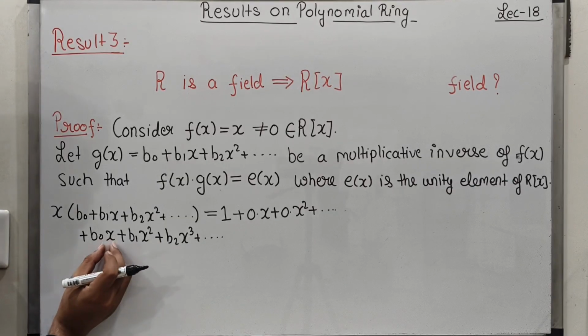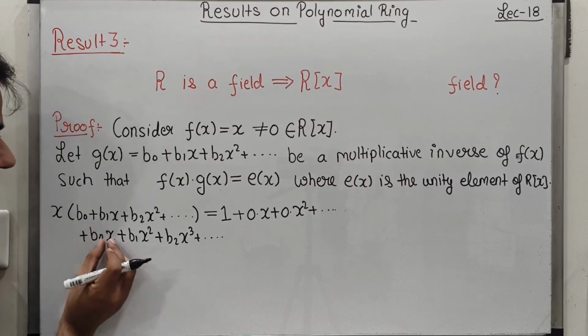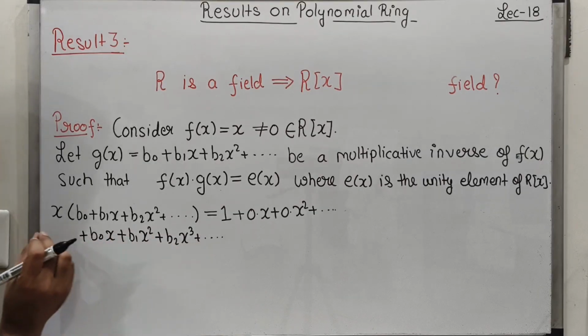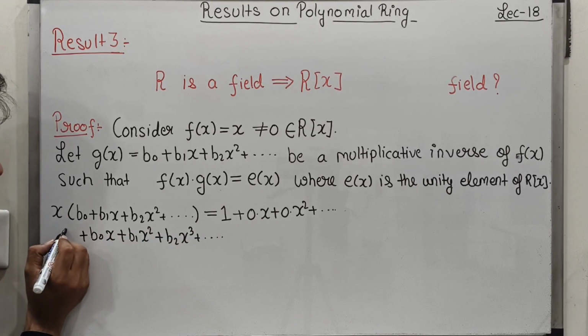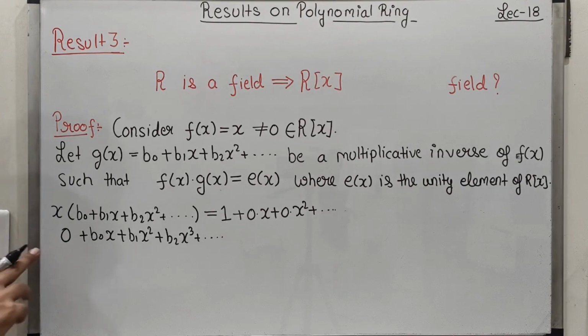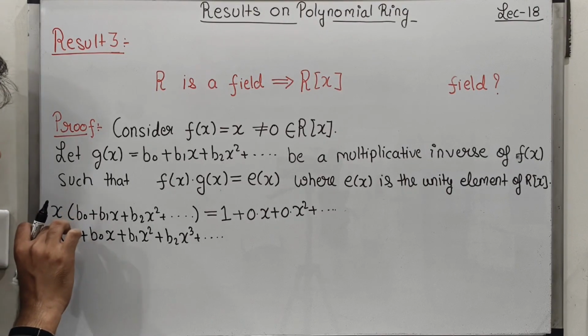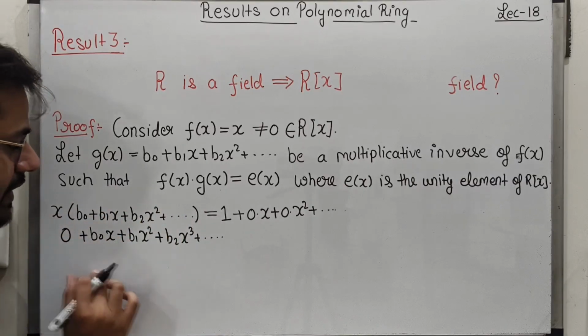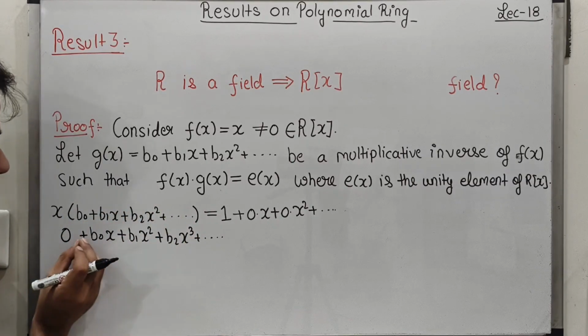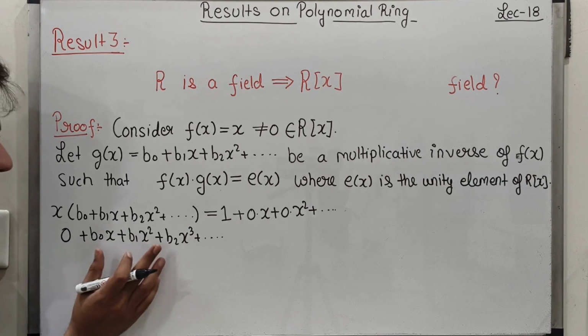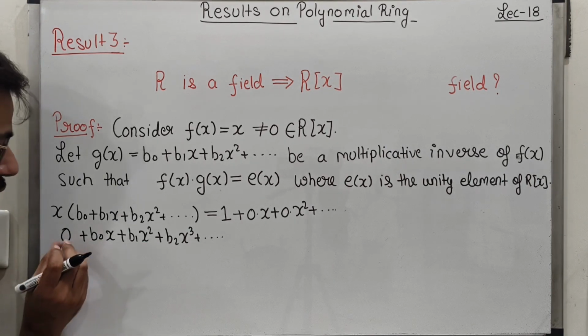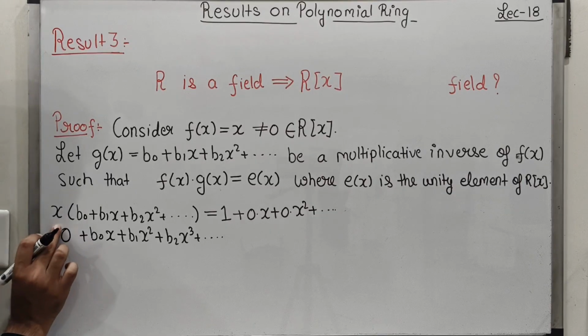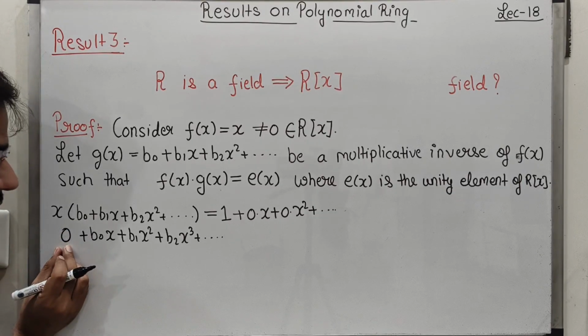Every term is multiplied with the symbol x. So we can put 0 here, which doesn't change the meaning of the whole term. Since the constant term is not present, we define the constant term as the 0 element of the ring.